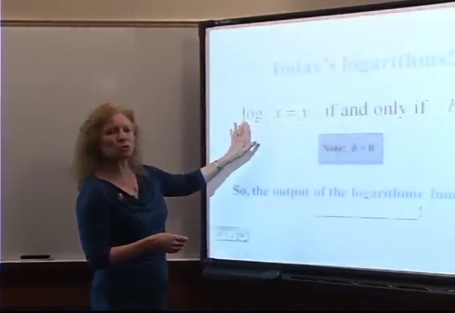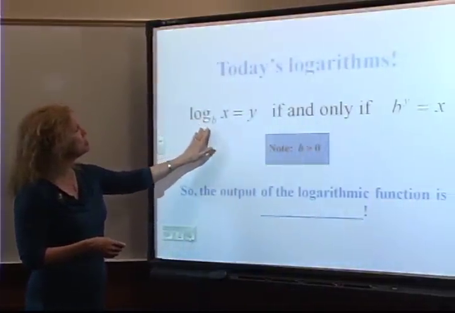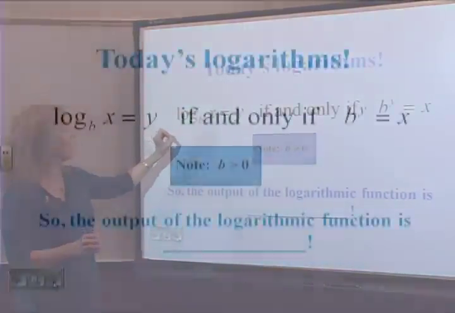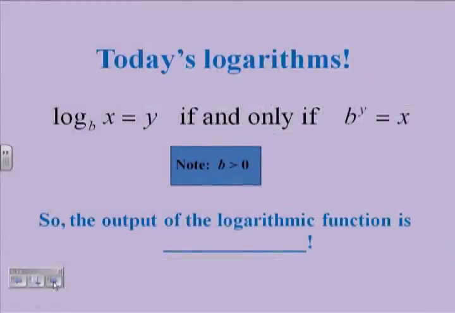So here's an extremely important definition that you're going to want to grab a hold of. Log base b is the way that we read that. Log base b of x will equal y if and only if, our nice definition words, b, the base, raised to the y power is equal to x.